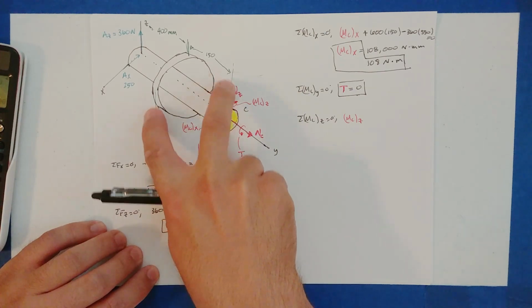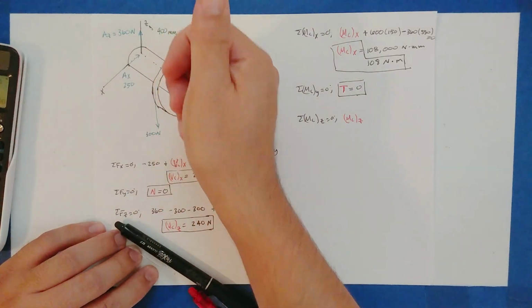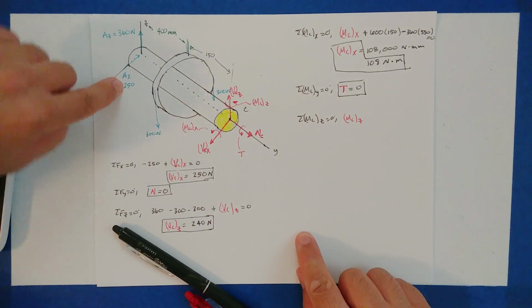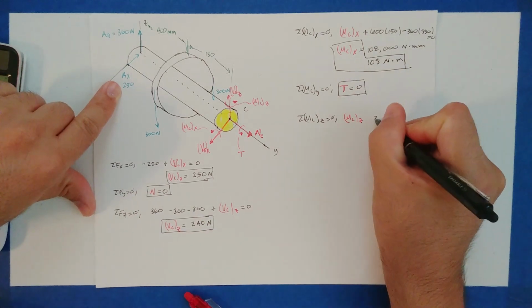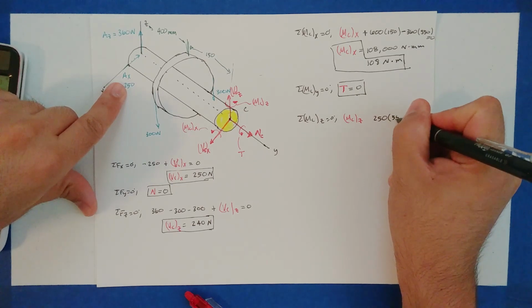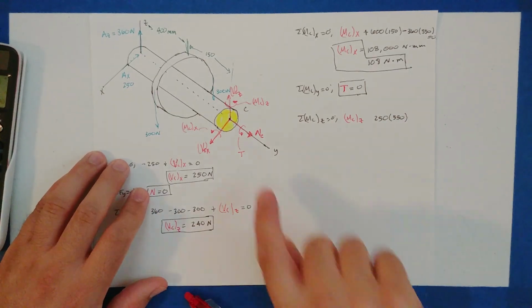They're in the z-axis. They cannot generate a moment, and these will never make it rotate like that. AZ cannot generate a moment, but AX can, right? So AX is 250 and it's at a distance of 550. The next question is: is it a positive or negative moment?